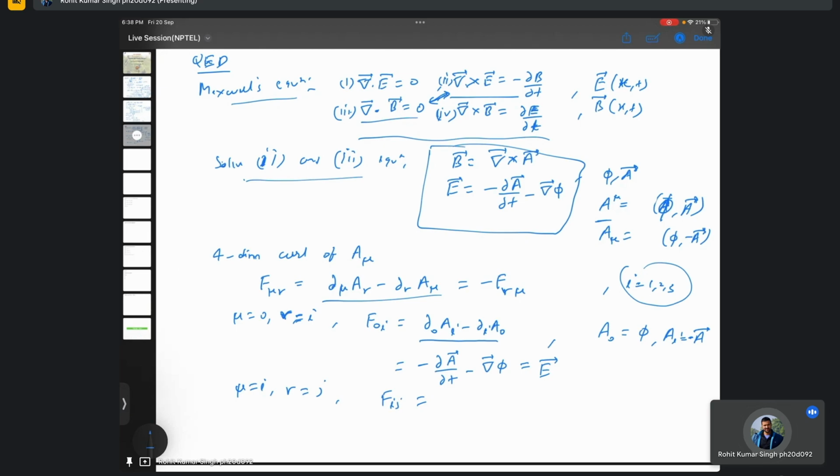We want to know what the components of this F mu nu are. So Fij will give you del i Aj minus del j Ai. Can anyone guess what this is? This is simply the three-dimensional curl, which is equal to the magnetic field vector. Is that fine?